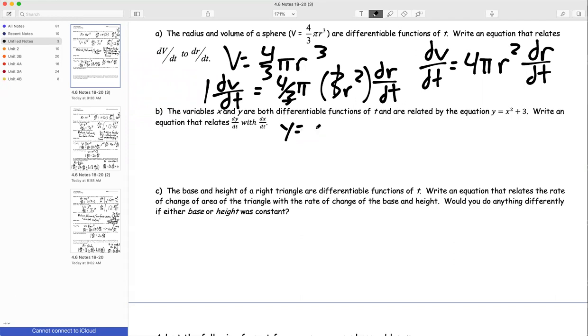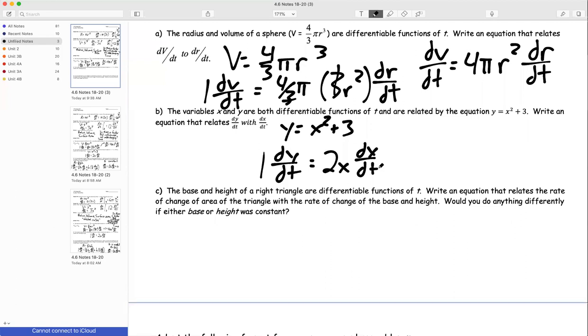So when I take the derivative of y, I've got 1 dy/dt. Derivative of x squared would be 2x dx/dt. And then the derivative of 3 is just 0. And that's it. I'm done.